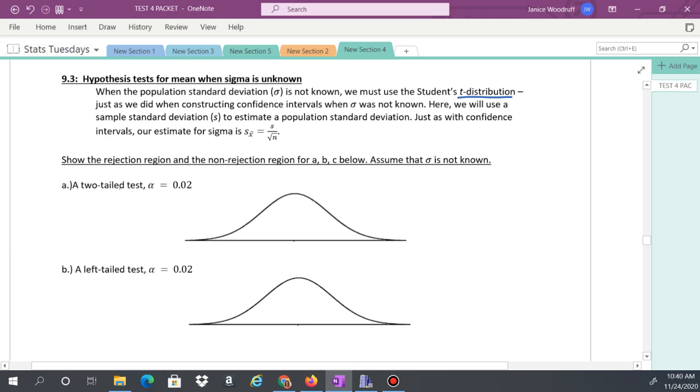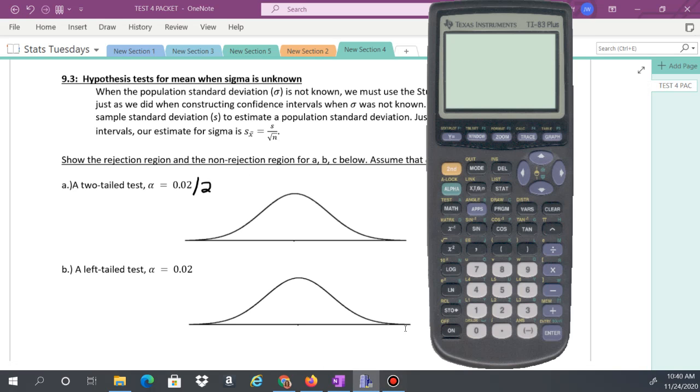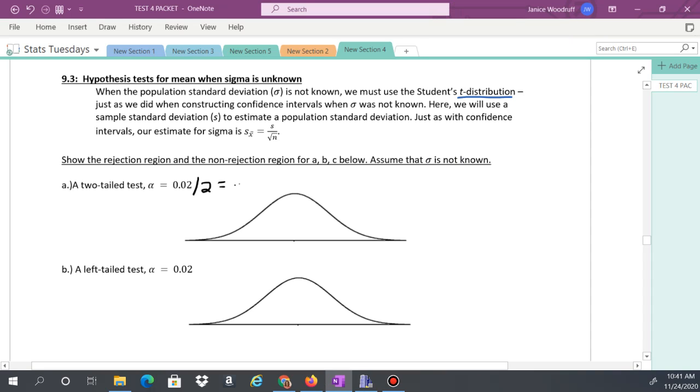So if we did a two-tailed test with an alpha of 0.02, you need to divide that into two tails of your normal distribution curve. So we're going to divide 0.02 by 2, which should be 0.01. So 0.01 on either side of our tail, and we need the z value, or sorry, we do not need the z value.